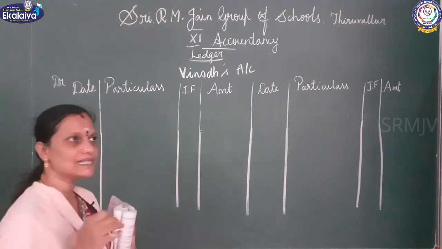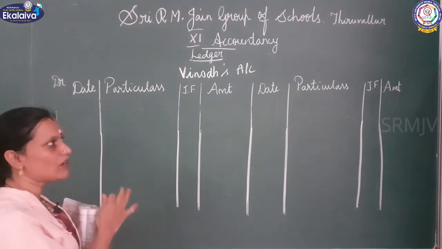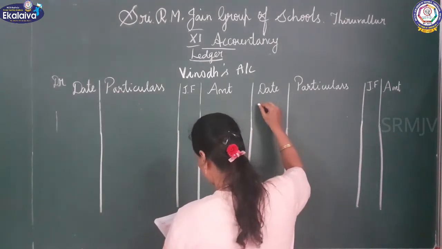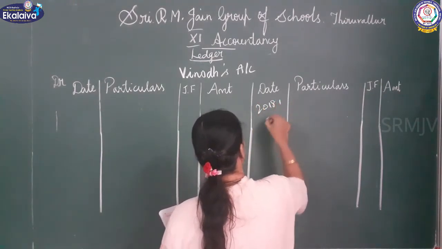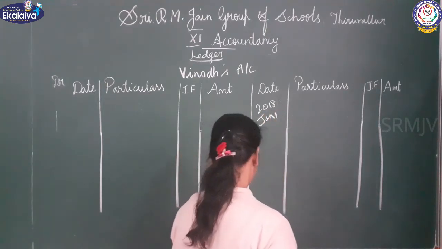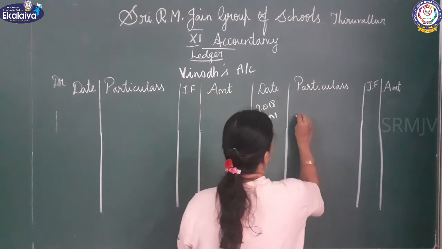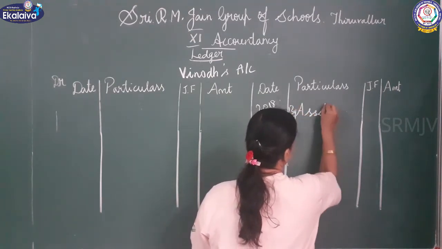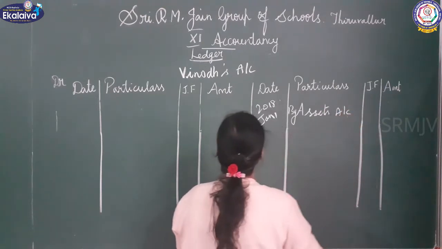Okay, so capital is a liability, no? So liability always should come in credit side, already I said. So the date is 2018 January 1st. Okay, so assets. So how much he gave the asset? By assets account, how much he gave?